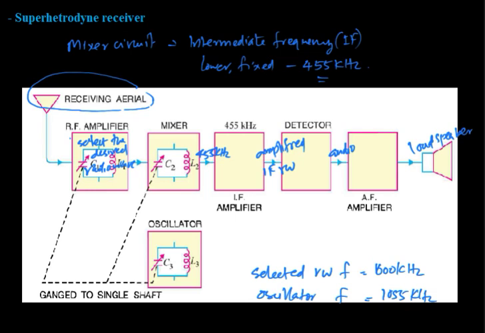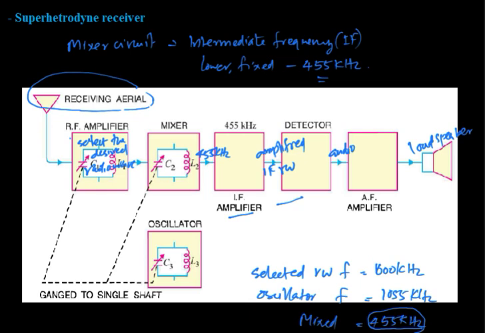The mixer produces an intermediate frequency equal to the difference of the frequency of the oscillator and the frequency of the selected radio wave, which is a fixed value of 455 kilohertz. In superheterodyne receivers we use 455 kilohertz. This is fixed so that we can have an IF amplifier and detector circuit which always responds to the frequency of 455 kilohertz.